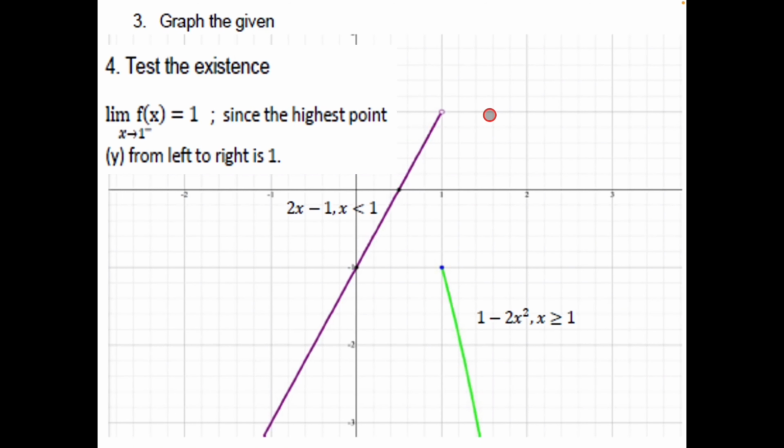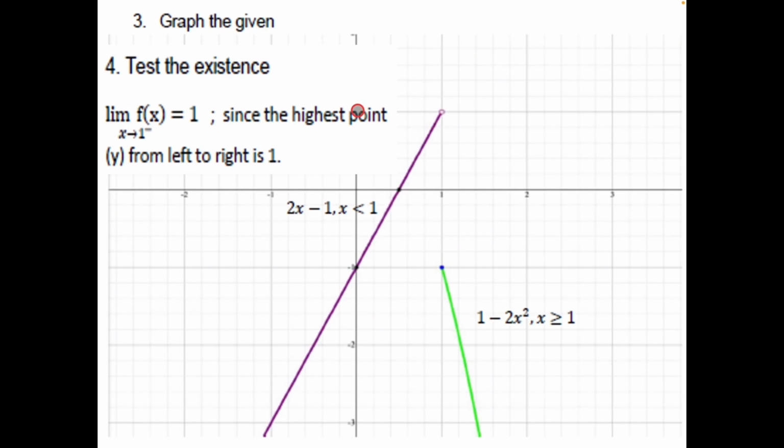Now, let's test the existence. So, we have here the limit of the function of x as x approaches 1 galing sa kaliwa is equal to 1. So, ito yung graph na galing sa kaliwa papunta sa kanan. So, ibig sabihin, the highest point na meron tayo na y, yung katapat dito is 1.